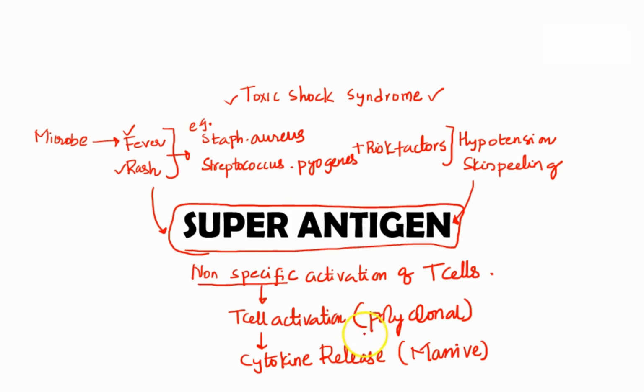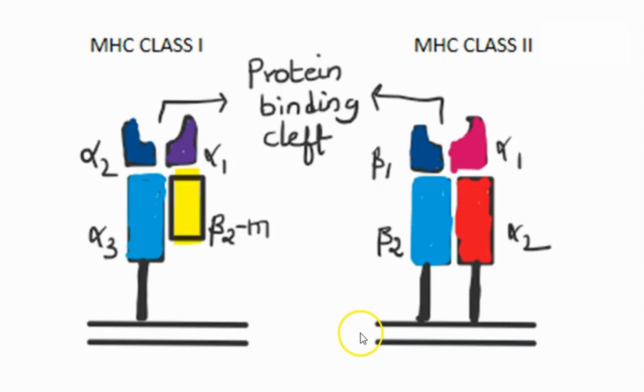So this is superantigen. And I already told you that to understand the interaction of superantigen with the T cell receptor and MHC class 2, we should know the structure of MHC and also the T cell receptor. So now I am starting with the structure of the MHC. MHC has two variants, MHC class 1 and MHC class 2. In MHC class 1, you have to remember there are 3 alpha and 1 beta 2 microglobulin.